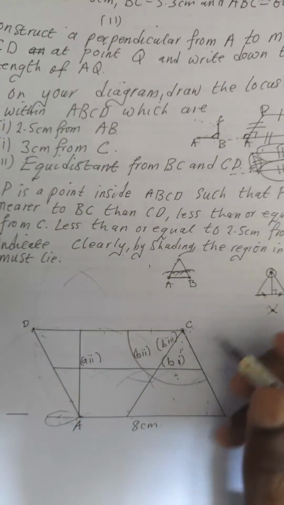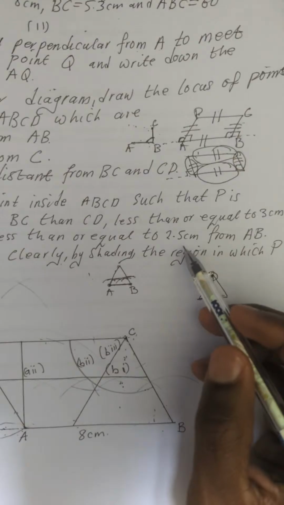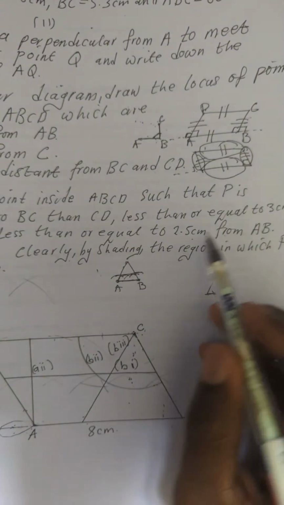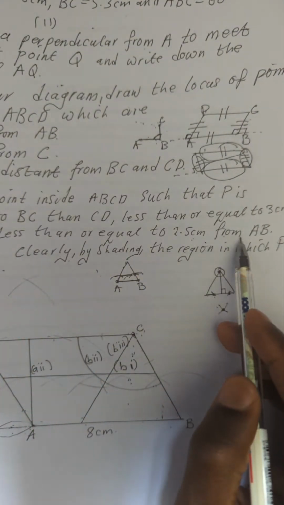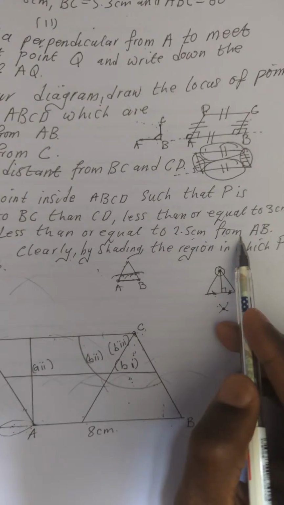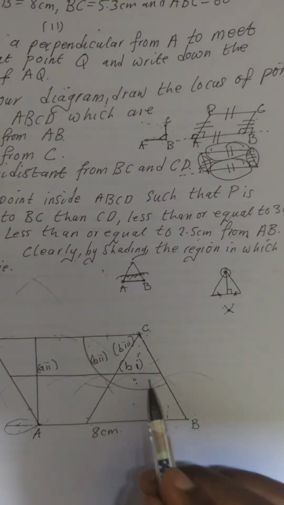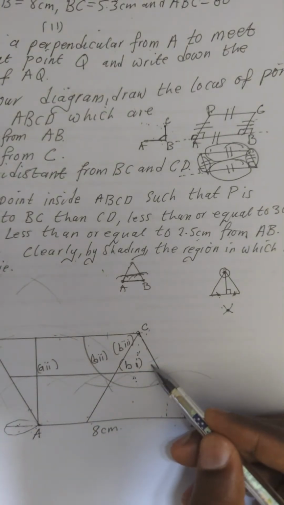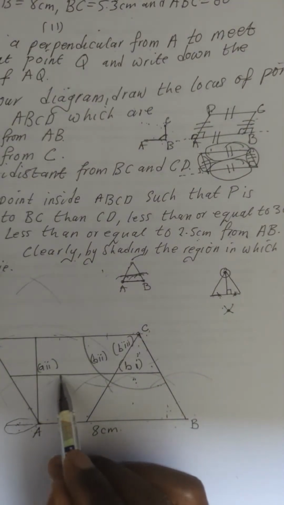The question continues. It says it is less than or equal to 2.5 centimeters from AB. Which border shows points that are 2.5 centimeters from AB? This one here.